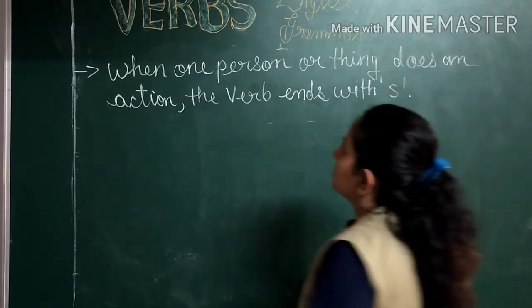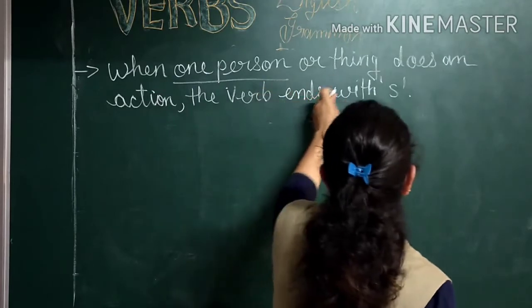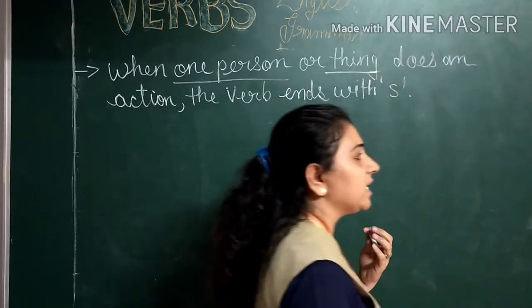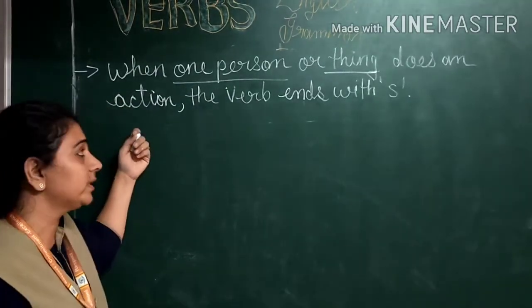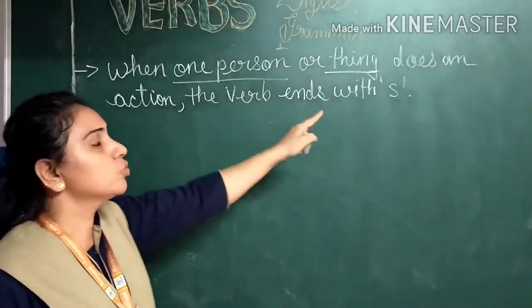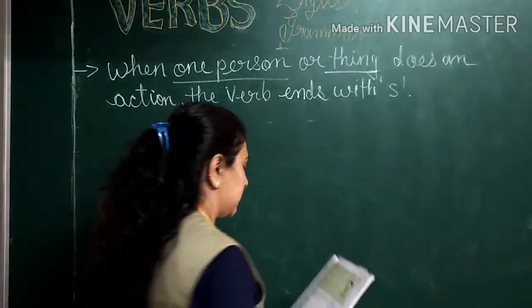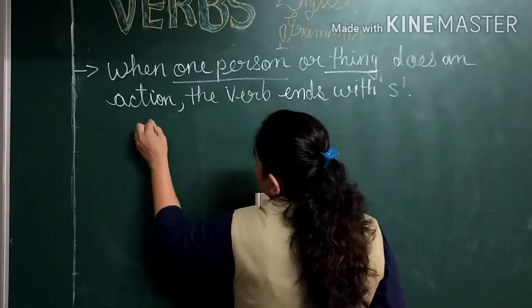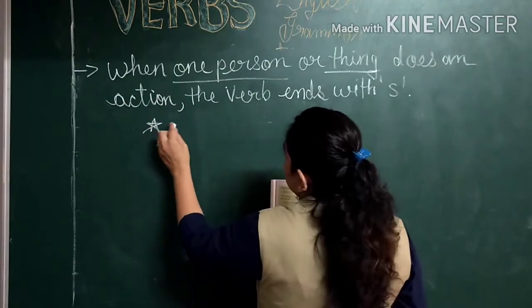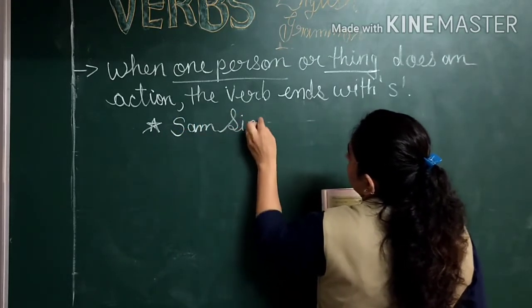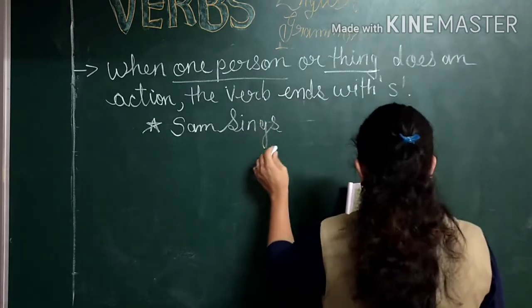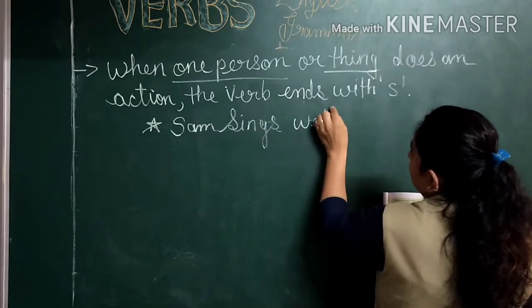Means here what they have said, when one person or thing, कोई एक चीज ही और एक person ही जब कोई एक्शन करते हैं, when they do the action, तो हमारा जो verb है वो end होता है s से. Examples given: Sam sings well.